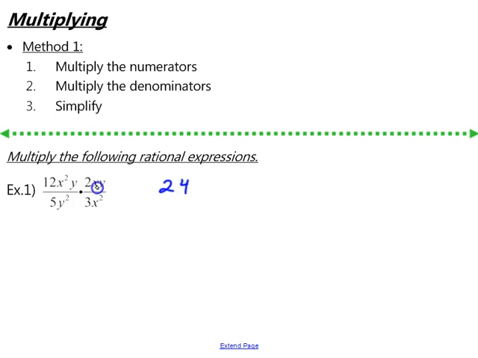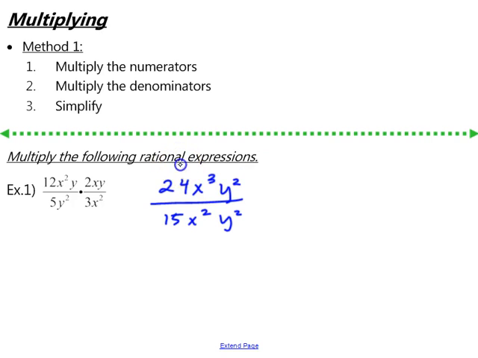x squared times x to the first is x cubed. y to the first times y to the first is y squared. Then the denominators, 5 times 3 is 15. We just have an x squared, and we just have a y squared here.